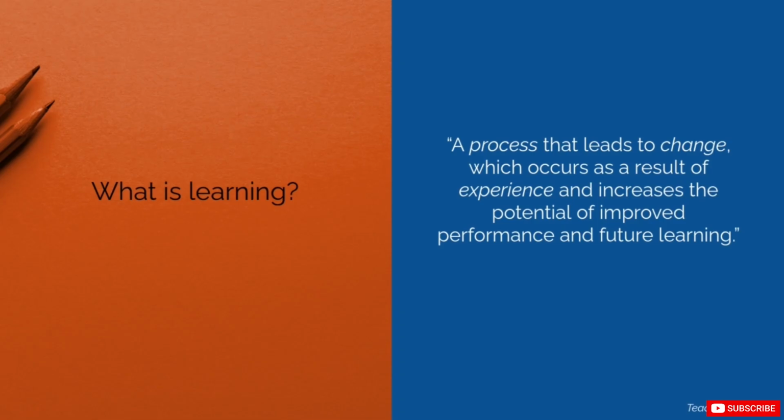And if you do this, the change will be improved performance. And as you go through this process and you start to understand how learning works, you'll become better at learning. So your future learning will also be improved. And you should keep this in mind when you're teaching, because you've got to understand things not only from your point of view, but also from the learner, from the student's point of view.